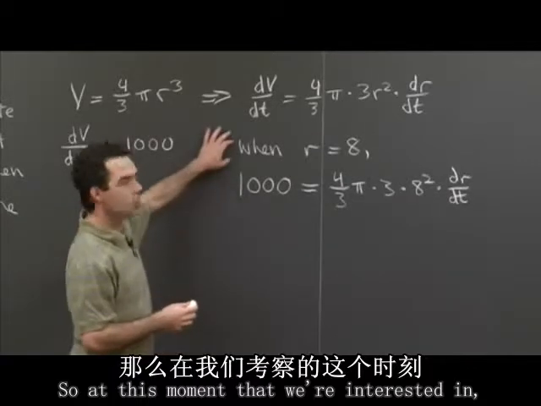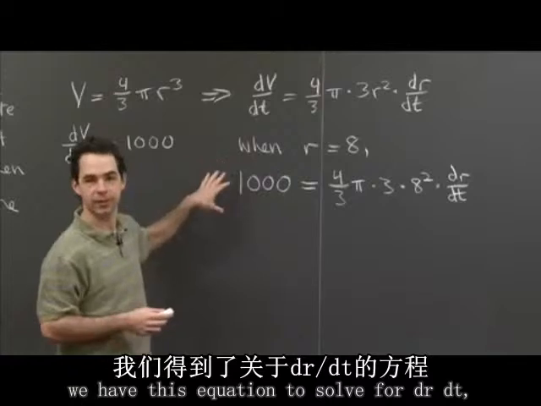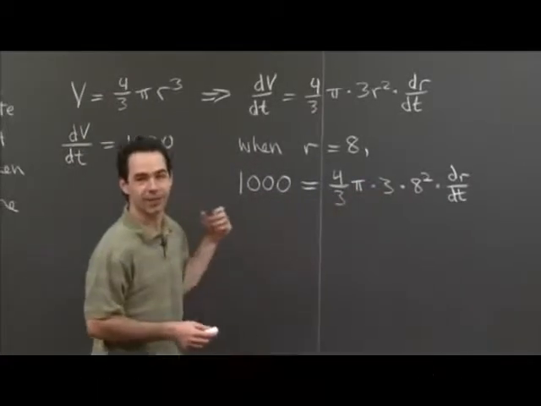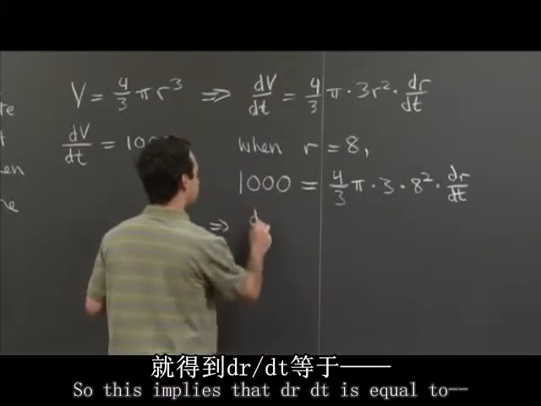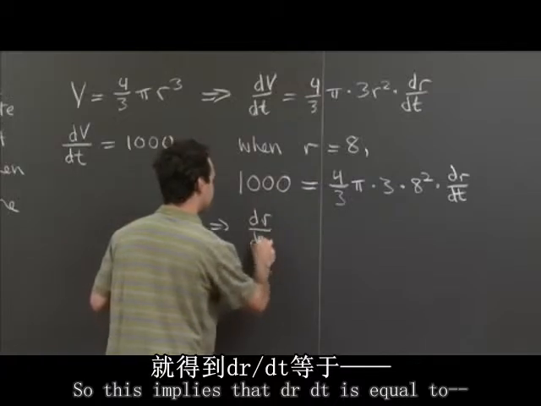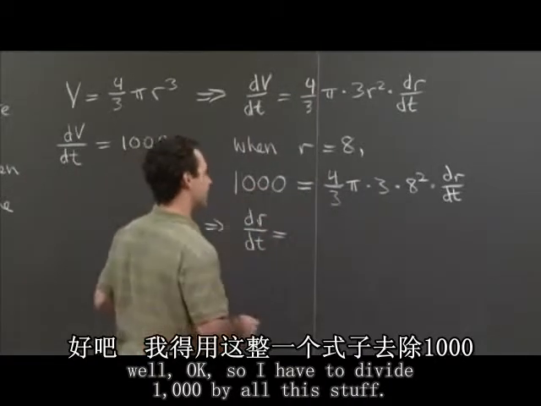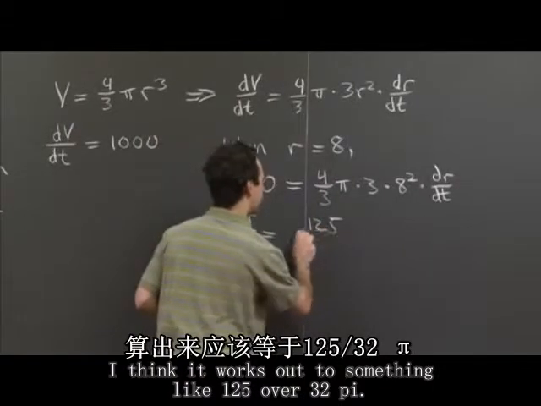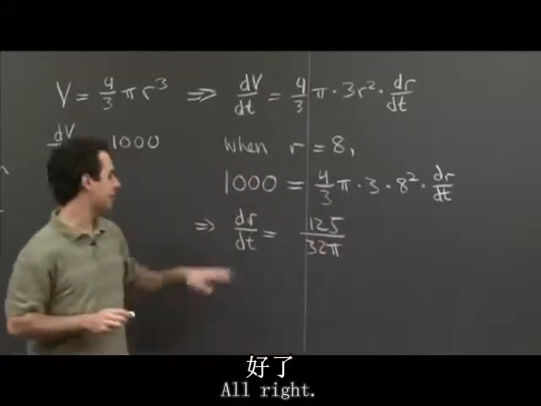At this moment, we have this equation to solve for dr/dt, and it's a nice simple equation. You just divide through by everything on the right-hand side other than dr/dt. So dr/dt is 1,000 divided by all this stuff. I think it works out to 125/32 pi. That's the exact value.